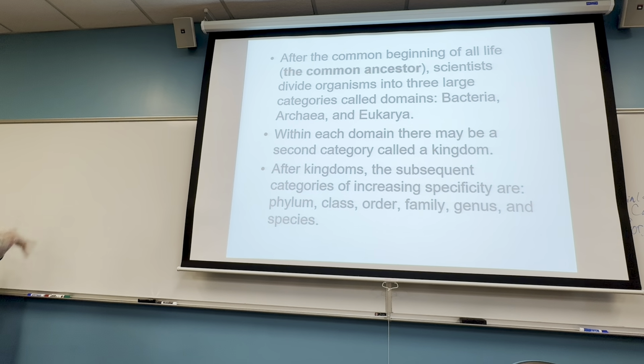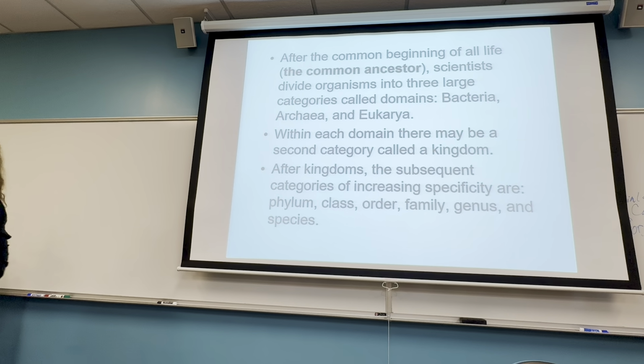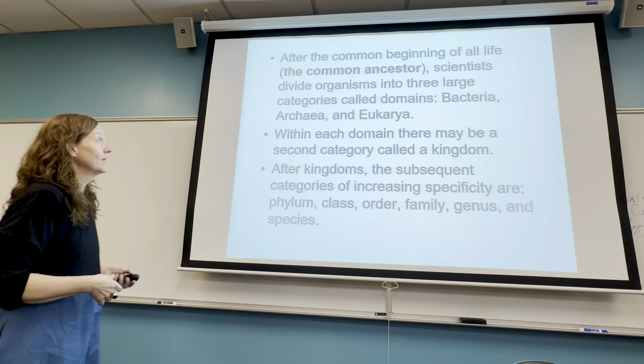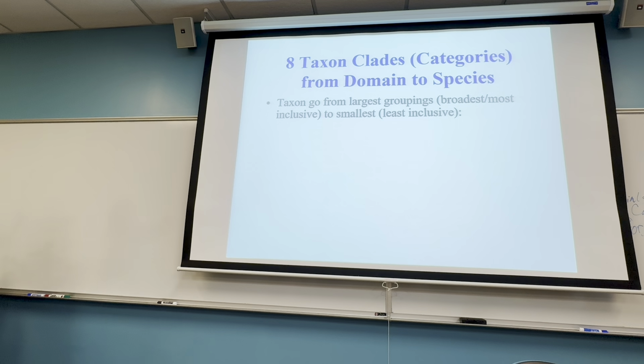And so Carlos here was like, yeah, let's do that for living things. Let's make sure that there's a universal language that everybody understands and speaks when it comes to organisms. So the clade system, we go from really, really general, and then eventually we get very, very specific. So they go like this.